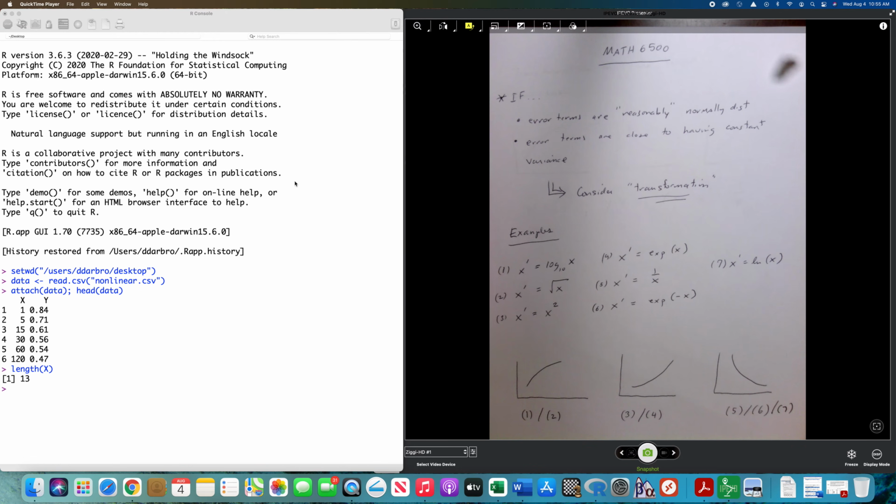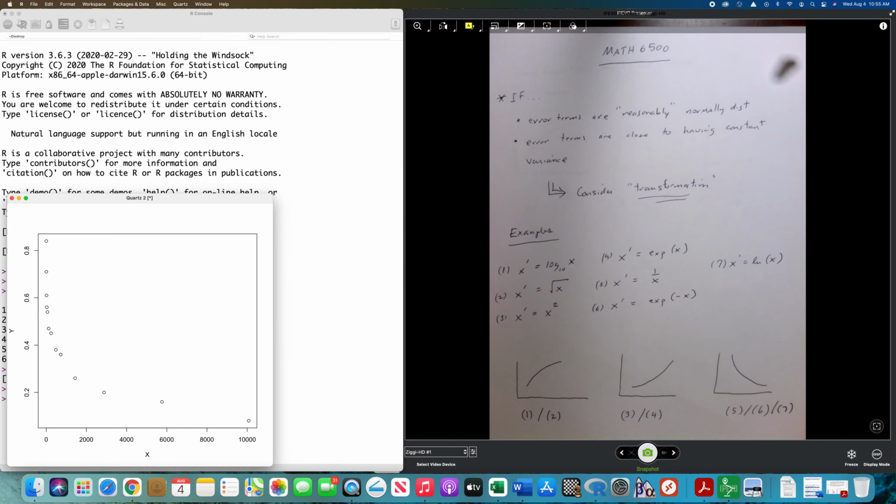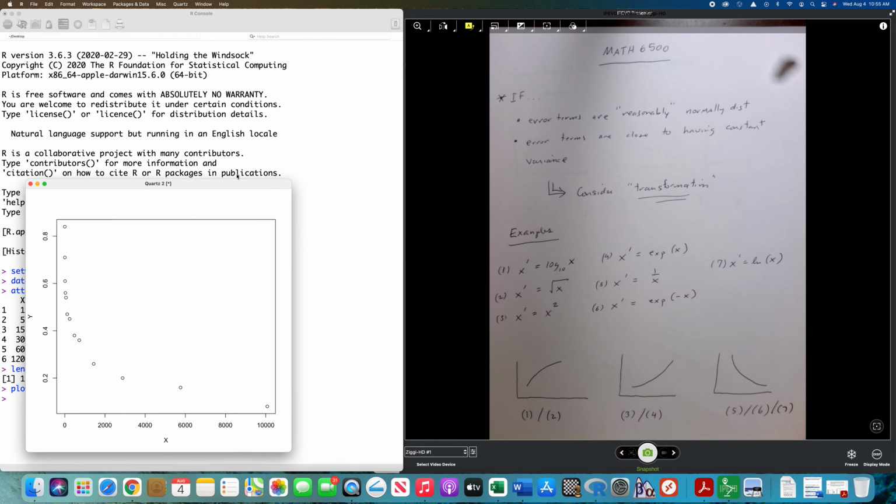All right, so where do we go from here? I have a data set that will be available to you in the data folder. It's called nonlinear. So let's go ahead and fit a model. Let's look at the relationship between X and Y using a scatter plot, which I would do a lot.